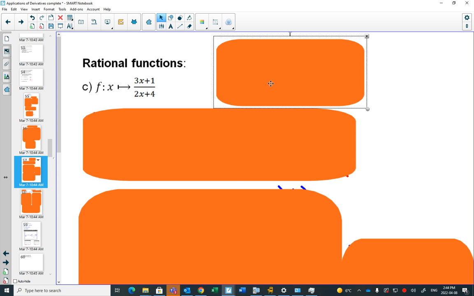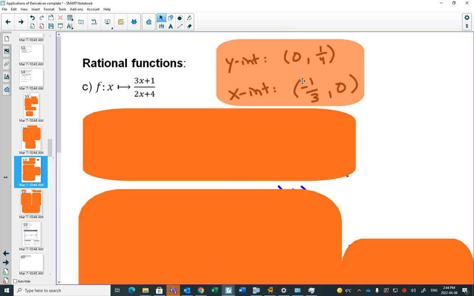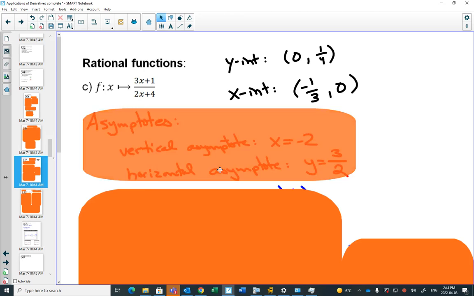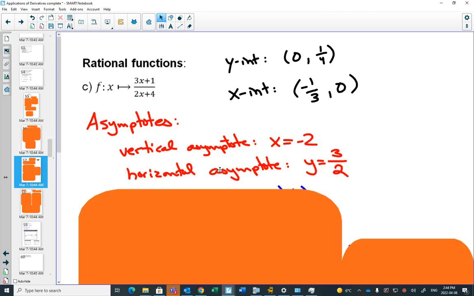Okay, preliminary stuff on the rational function. Did you find the y-intercept and the x-intercept correctly? Oh, I forgot about that. Did you find the asymptotes correctly? There's a non-permissible value of negative 2 on the bottom. That would make you divide by 0, so that'll be your vertical asymptote.